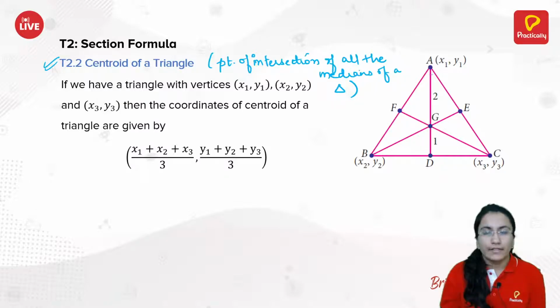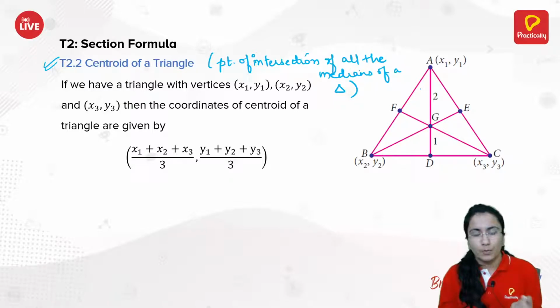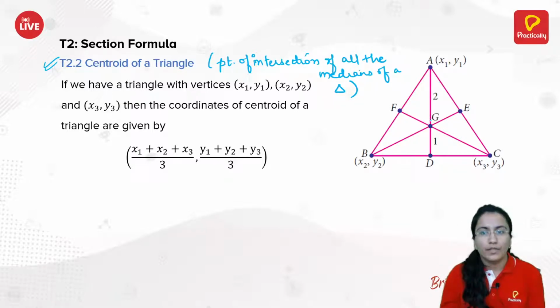So how will you calculate the centroid? For that you need to remember one property. If G is the point which represents the centroid, then this point G divides the line segment AD in the ratio 2:1, where two parts are on the side of the vertex.